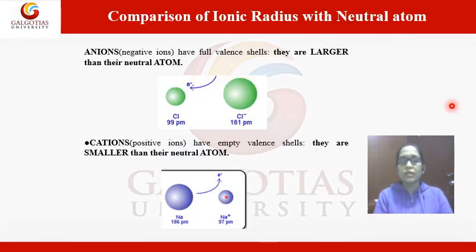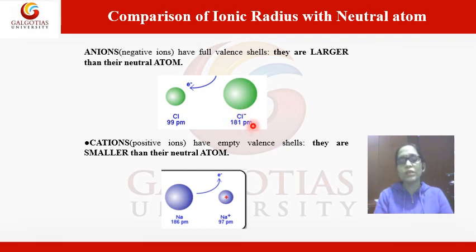Then let us compare these ionic radii with the neutral atom. See here, this is the chlorine atom and this is the chloride ion. The chlorine will accept one electron and convert into a chloride ion. The chlorine atom has an atomic radius of 99 picometer. When it is converted into chloride minus, the ionic radius increases to 181 picometer.